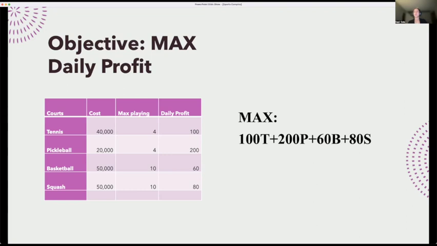And so basically what we want the model to do is to give us the number of each court with their corresponding profit that will maximize the total daily earned profit, using, of course, the constraints that I will explain.